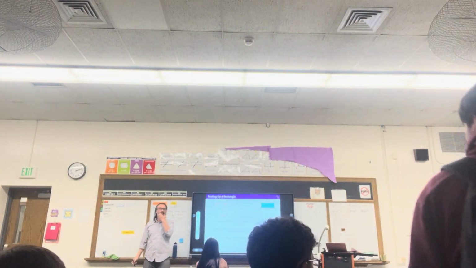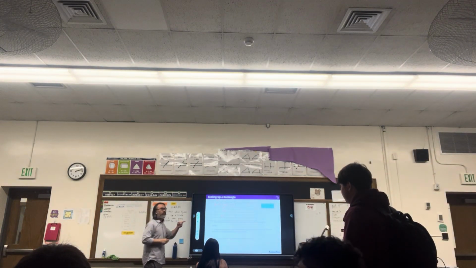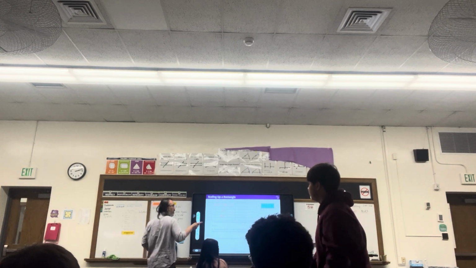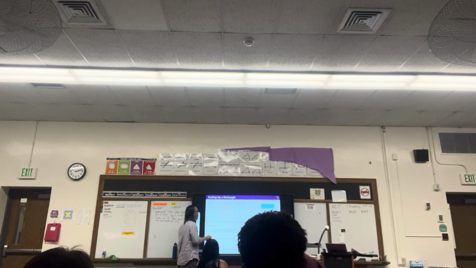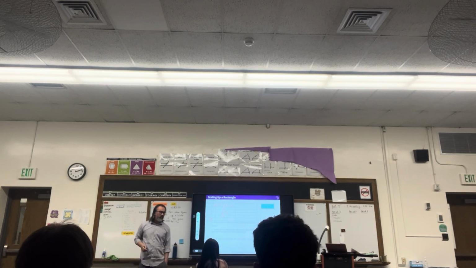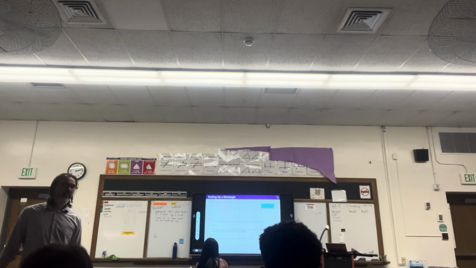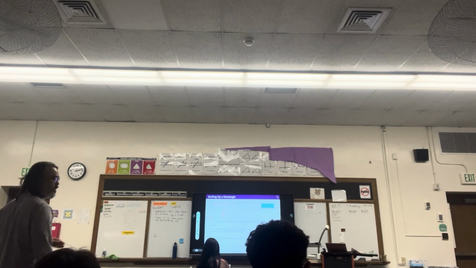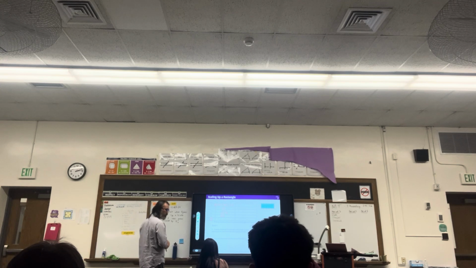And then, who got this one? What was this one? 62.5. Right. I need somebody else other than Arius. Calculate that last one. What is that? The scale factor of 4. What did you get for the last one?